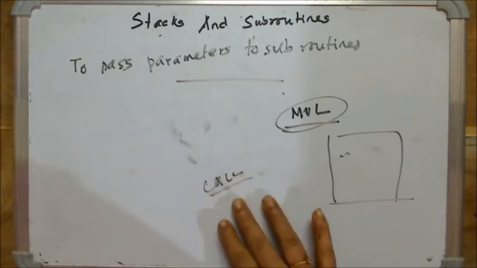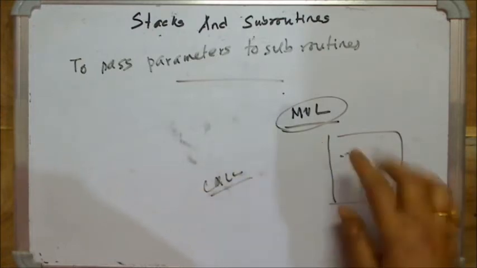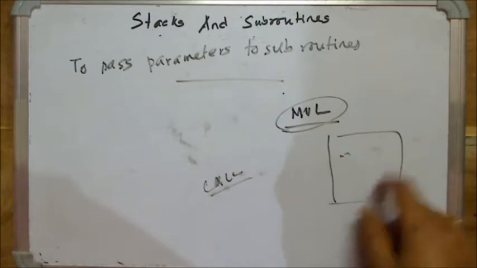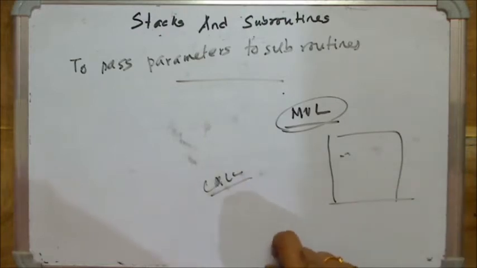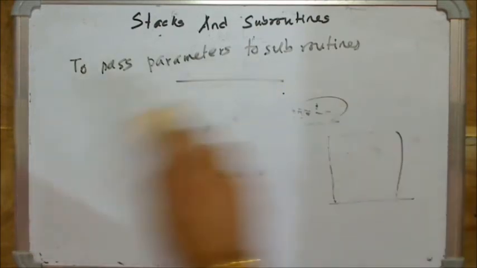If you write call subroutine, it will execute the subroutine and return to the main program by using the return instruction. I hope this is clear. So now I'll teach you what a parameter is.